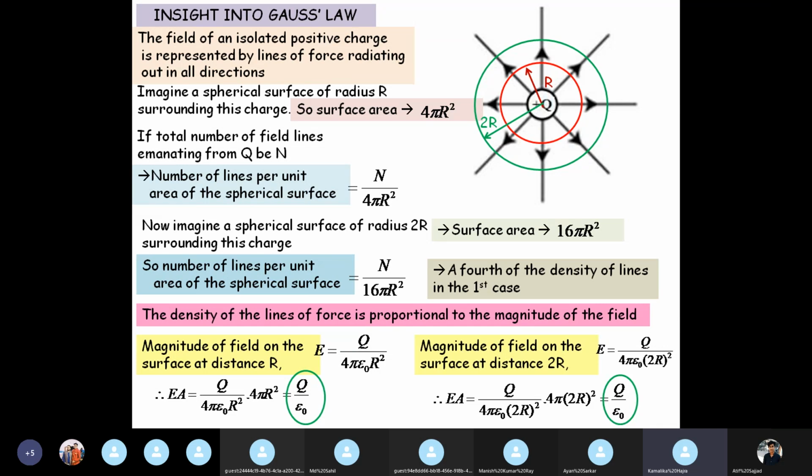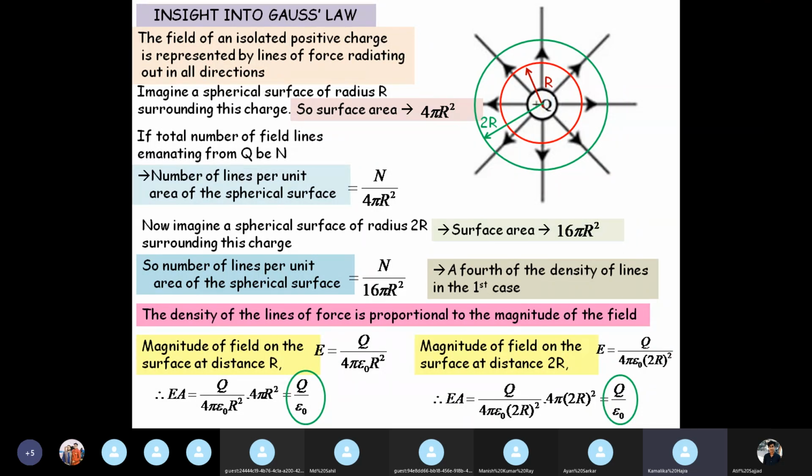Okay, so you can see that this is something special, and this product, the product of the magnitude of the electric field with the area of the surface through which you are considering the lines of force to come out, is known as the flux of the electric field. And you can see that for a closed surface, the flux depends only on the enclosed charge. It is independent of the distance from the charge at which you are trying to calculate the value.